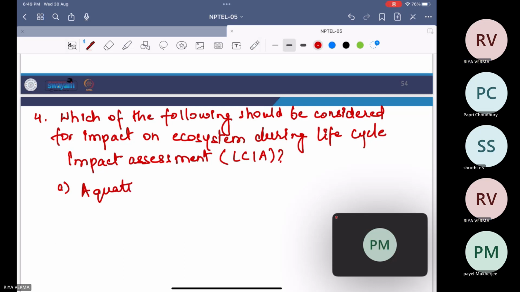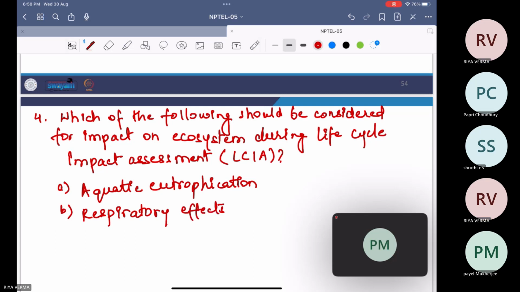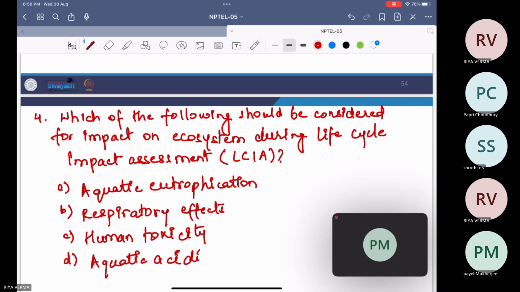A, aquatic eutrophication; B, respiratory effects; C, human toxicity; and D, aquatic acidification.